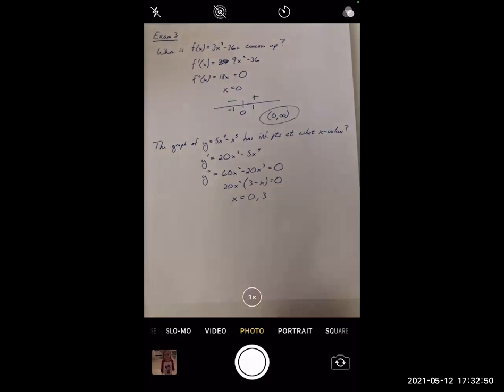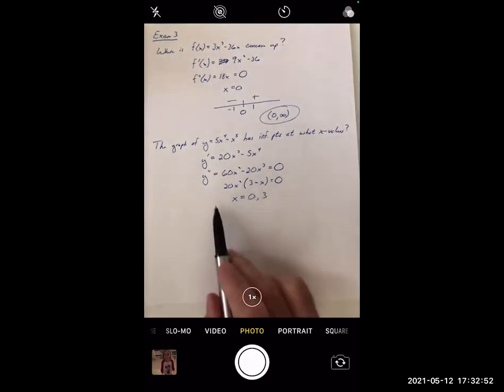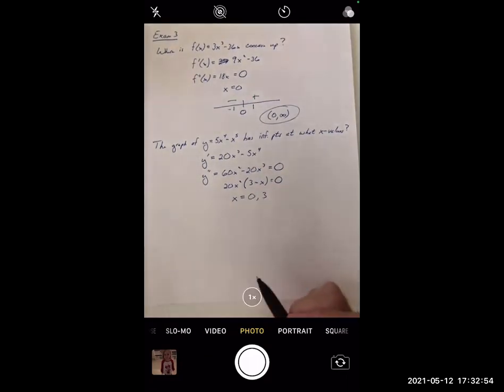So are these my inflection points, or do I have to do something else? Don't you have to check to see if the concavity switches?